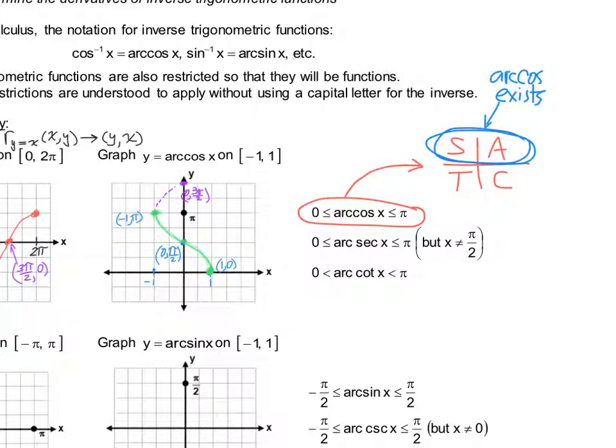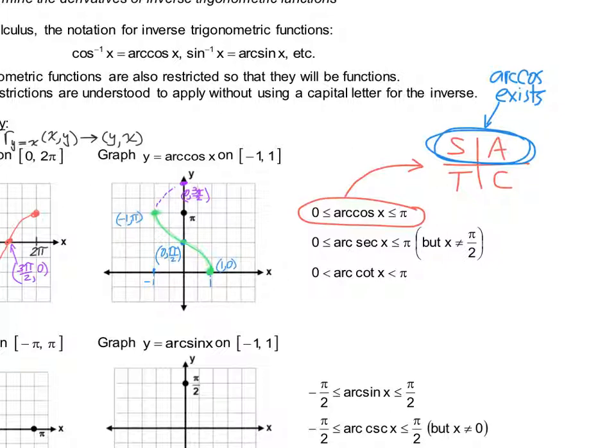So if I were looking for negative 1/2, cosine can be negative 1/2 in 2 locations in the unit circle. But this is telling me that it's only going to be relevant for one of those locations. So quadrant 3 and quadrant 4 are completely out for arc cosine. The same holds true for arc secant and arc cotangent. If we have time later, I'll explain why that works the way it does.